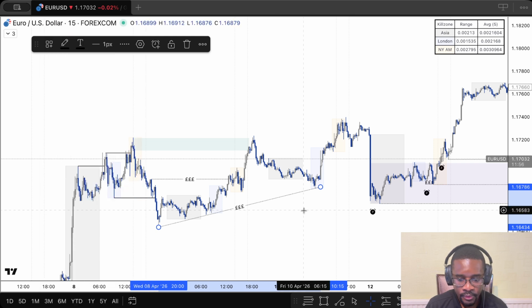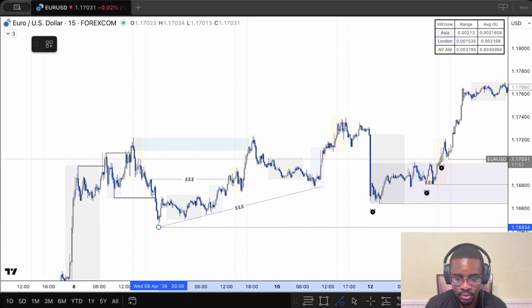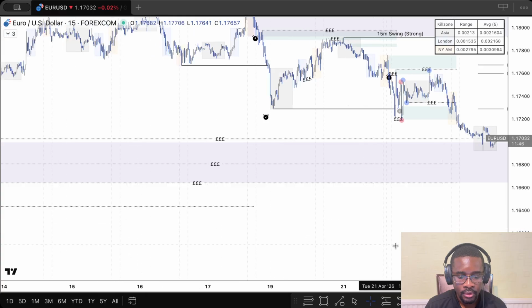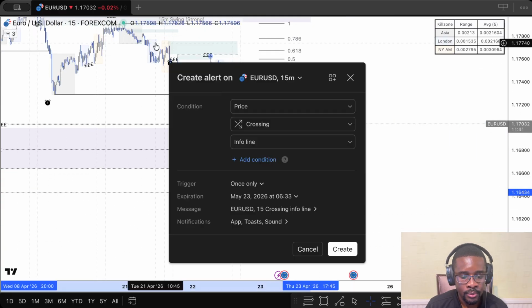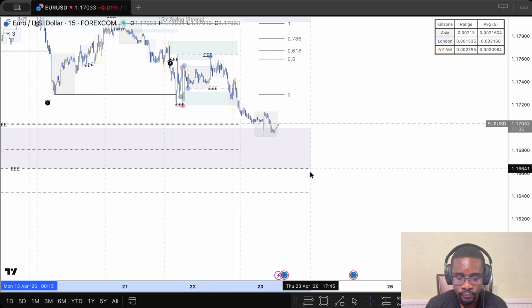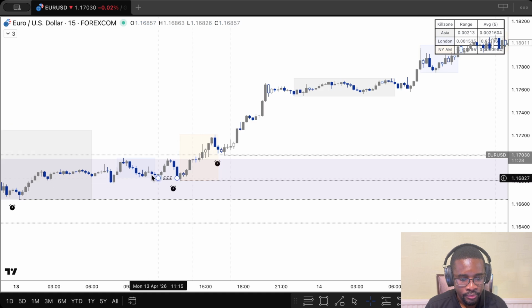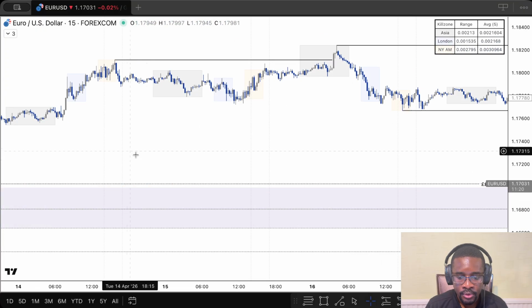So I could look at this low. This low then lines up with the 4-hour lows. So this is what we have. We had a sweep right there, and that pushed price up, and then we could have a trend line.